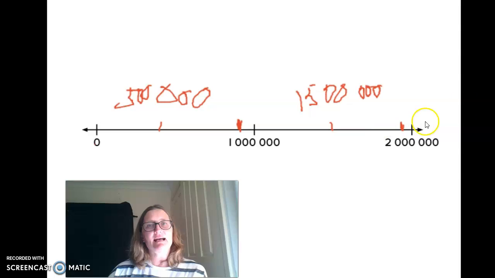If we divided our number line, I'm just going to rub some of that out. If we divided our number line into 10 equal parts, let's do that and see what we would end up with.